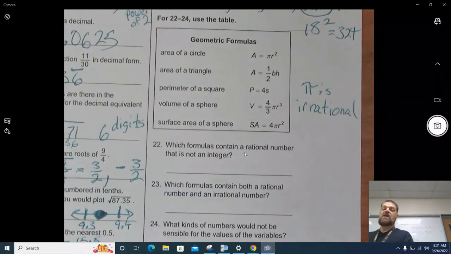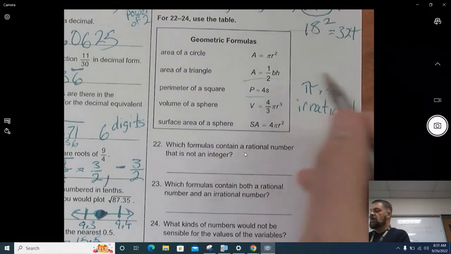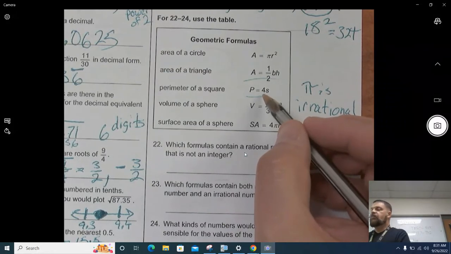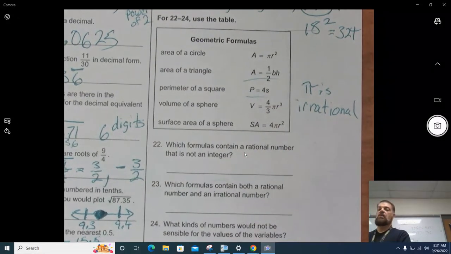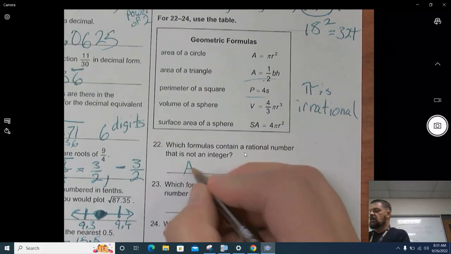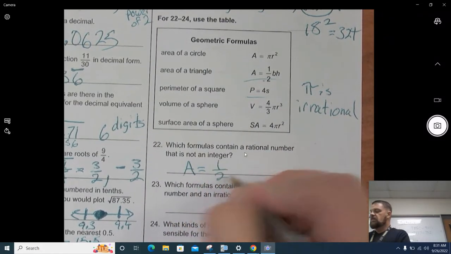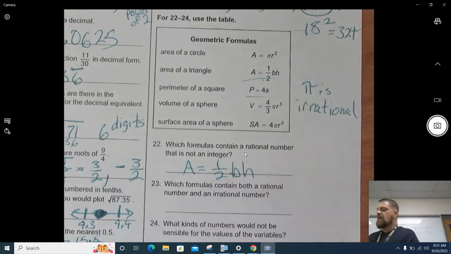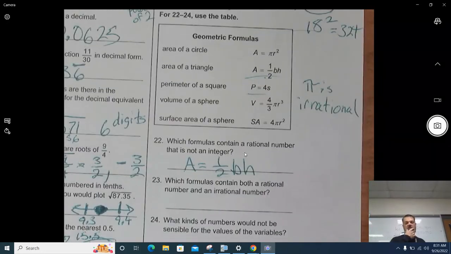So anything that has pi in it is irrational. And it says which of these, and so which one is it that isn't an integer? Well, it's either this one or this one, but 4 is an integer, but 1/2 is not an integer. So it's the formula for the area of a triangle, 1/2 times BH. 1/2 is not an integer, right?